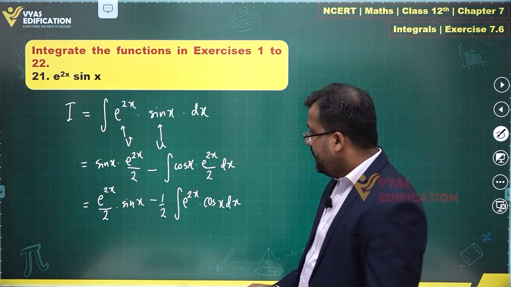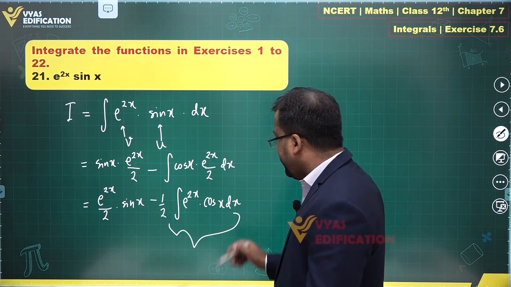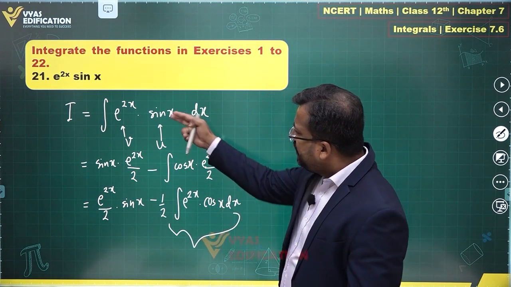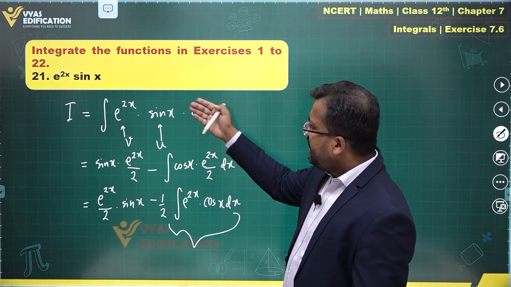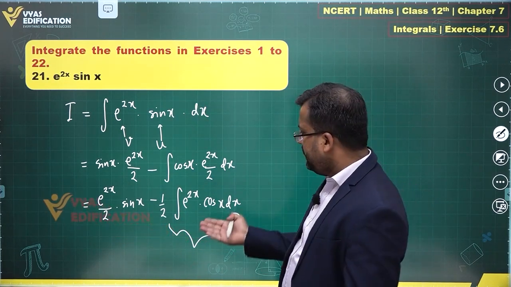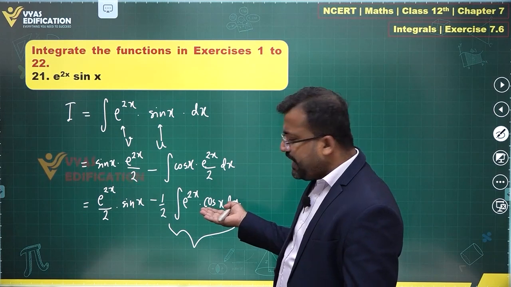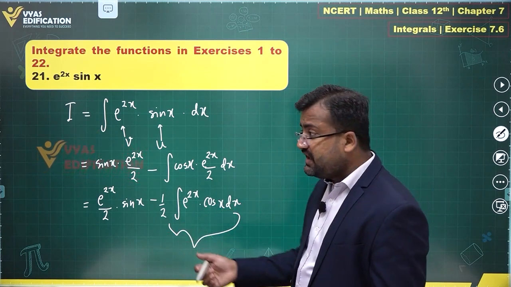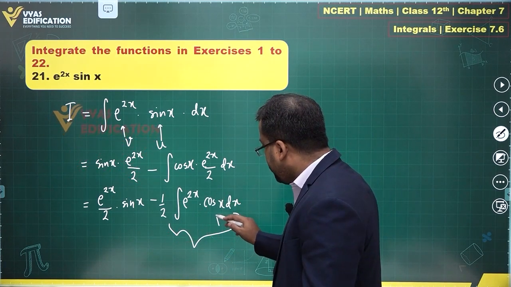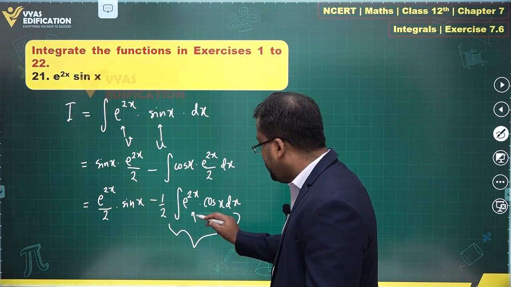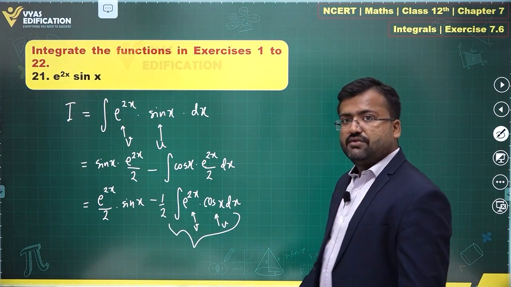Okay. If you see this particular integral over here, this is again similar to this only, because at this stage we thought of applying by parts. Again, we'll think of applying by parts over here and consider the first function and second function. The first function will be this cos x. The second function will be this e power 2x, right?